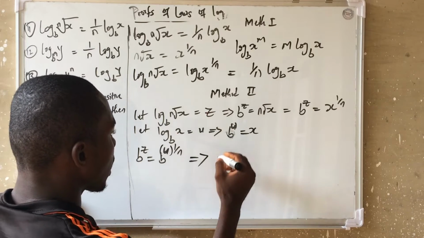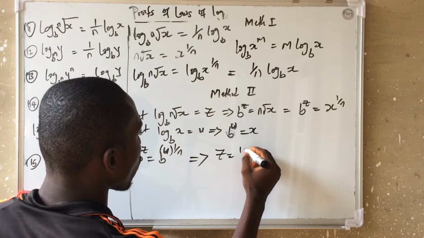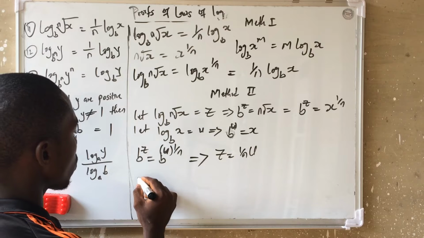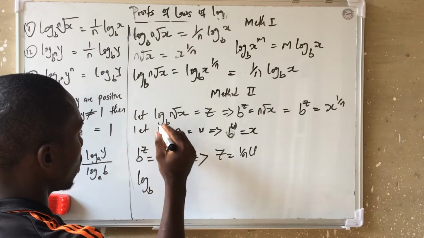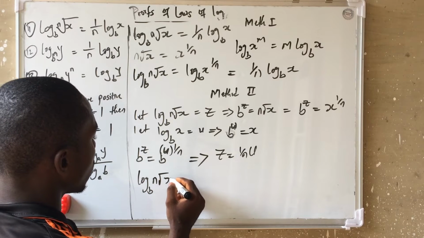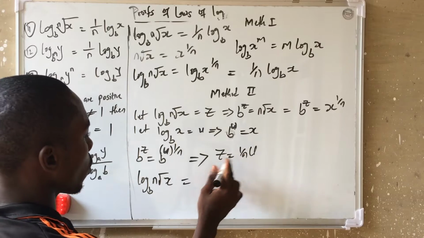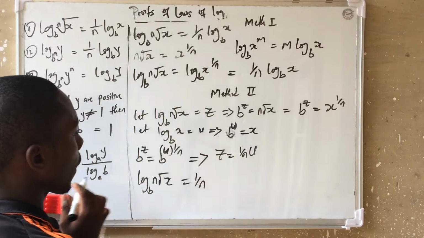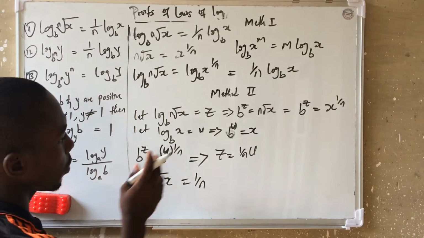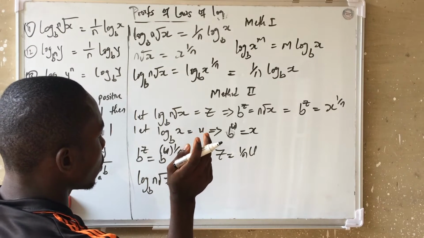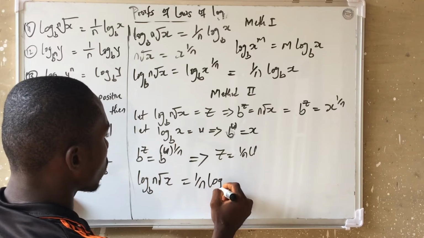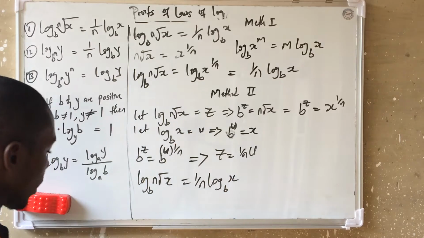Since they have the same base, I can equate the powers: z is equal to 1 over n u. And what is my z? My z is log to the base b of the nth root of x. And what is my u? My u is log to the base b of x.